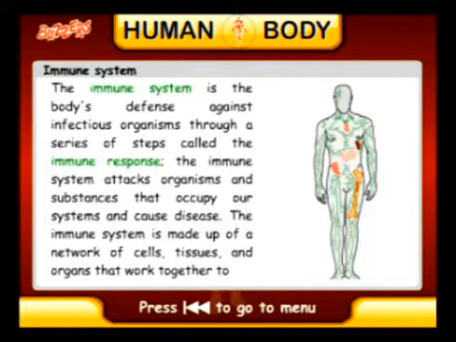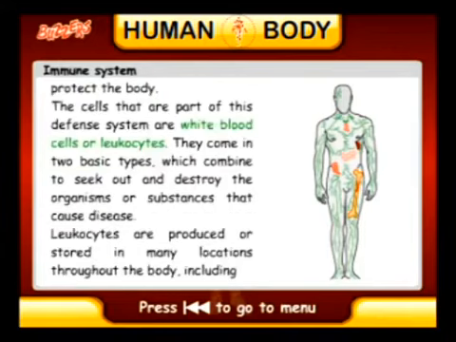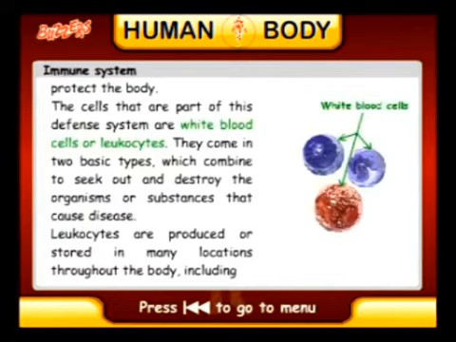The immune system is made up of a network of cells, tissues, and organs that work together to protect the body. The cells that are part of this defense system are white blood cells or leukocytes. They come in two basic types, which combine to seek out and destroy the organisms or substances that cause disease.